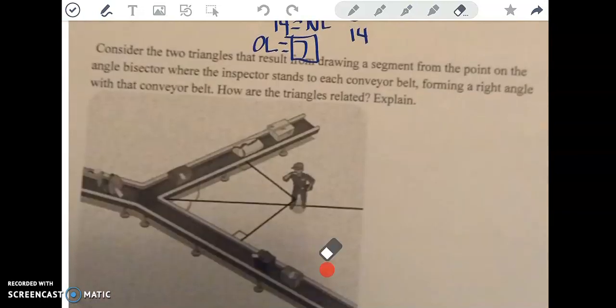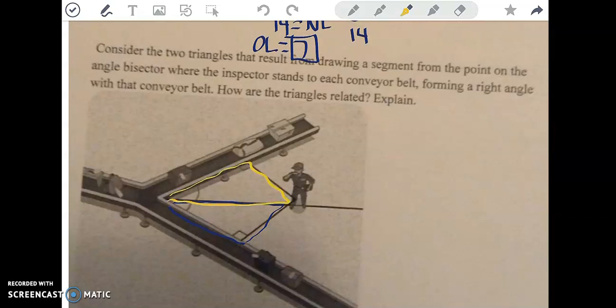Alright, so in this problem it says consider the two triangles resulting from drawing a segment from the point on the angle bisector where the inspector stands to each conveyor belt, forming a right angle with the conveyor belt. How are the triangles related? One thing you'll notice is, here's a triangle here, and here is a triangle here.